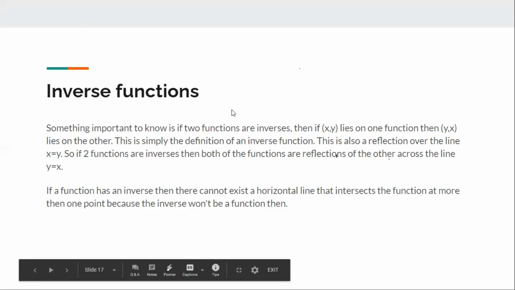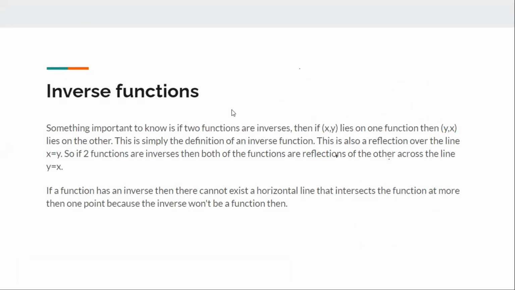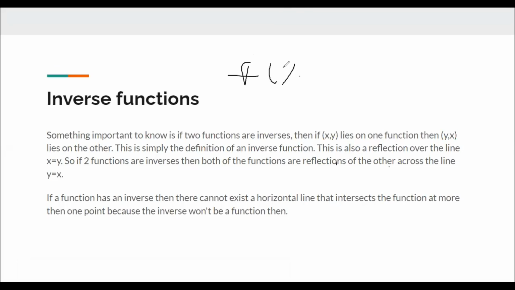Okay, inverse functions. Something important to know, we talked about this, is that if two functions are inverses, and x comma y lies on one of the inverses, then y comma x lies on the other. Because if f of x is equal to y, and f of x and g of x are inverses, then g of y is equal to x.